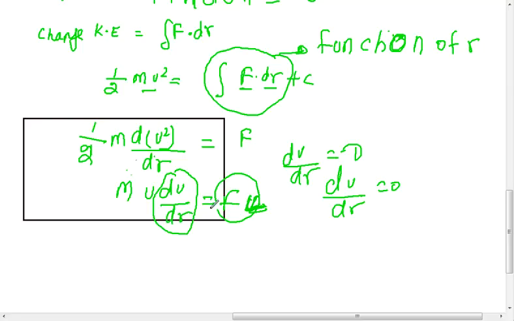I said that velocity is maximum, so this quantity must be 0, and if this is 0, this force must be 0. So velocity will always be maximum at the equilibrium point.